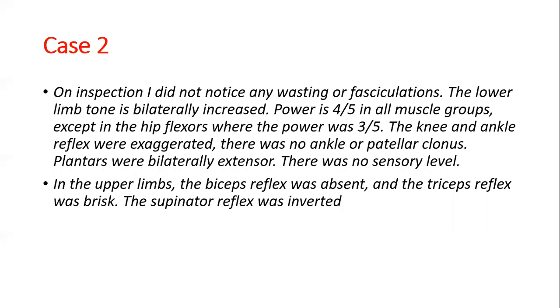Yes, exactly. The lower limbs had upper motor neuron signs, and in the upper limbs the biceps reflex was absent, triceps brisk and supinator inverted. This is the exact short case you can get for the exam, and then you will say the lesion level is at C5, C6. Very good.